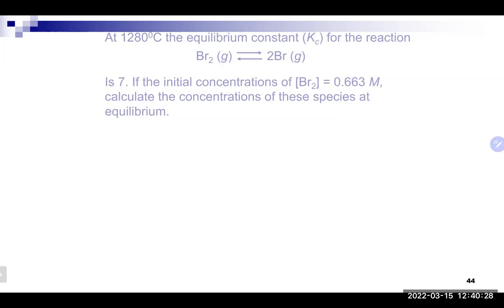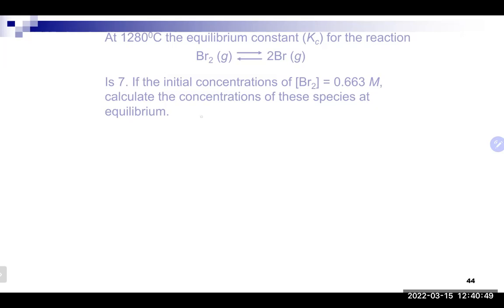All right, so at equilibrium, the equilibrium constant for this reaction here is 7. If the initial concentration of Br2 is equal to 0.663, calculate the concentrations of the species at equilibrium. So where we want to start is really our ICE table.